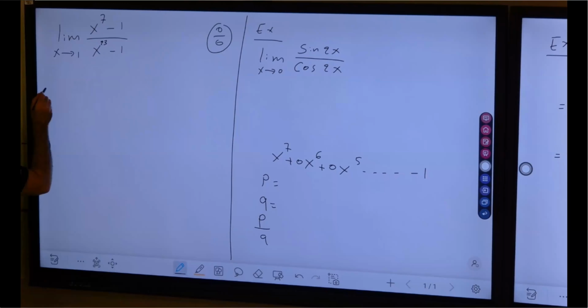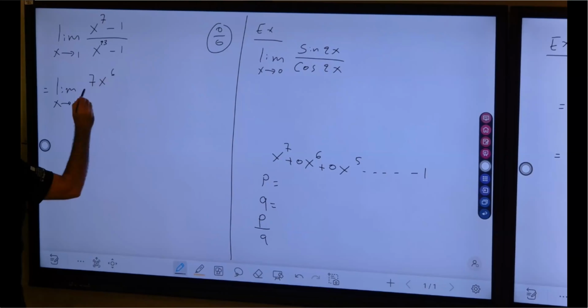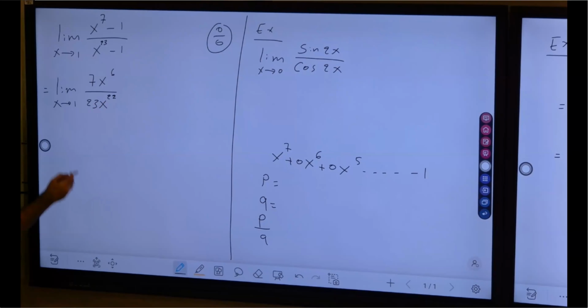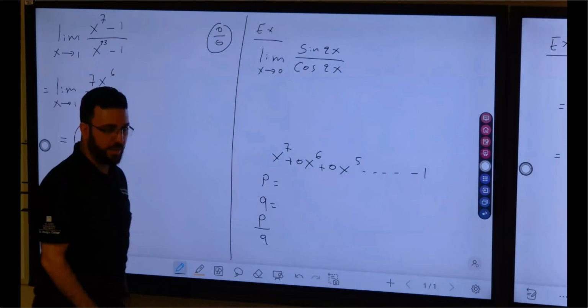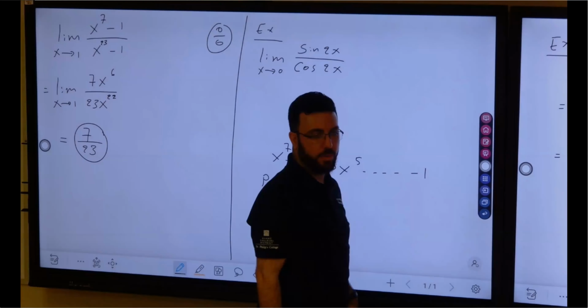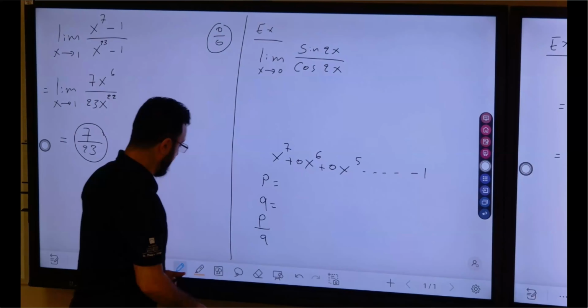What's the derivative for the top? 7x to the power 6. Here, 3x to the power 22. Then you're gonna plug in the limit. So how much is gonna be the result? 7 over. See, the important thing about this rule: how much time you gonna save? So much.